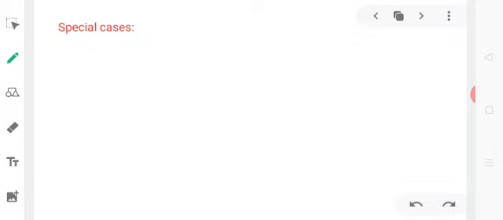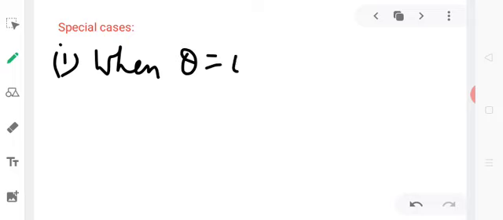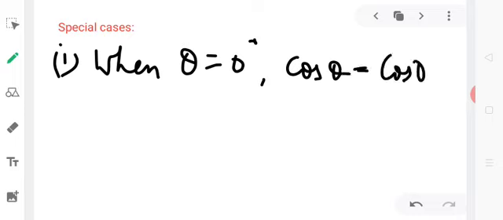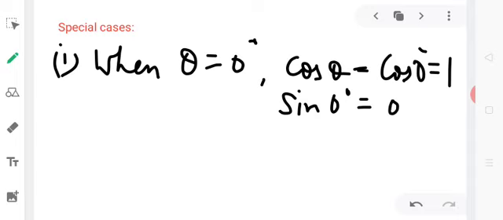So one by one. First, when the two vectors are acting in the same direction. So this means theta is equal to 0 degree. This means cos of theta, we know that cos of 0 is 1 and sine of 0 degree is equal to 0.